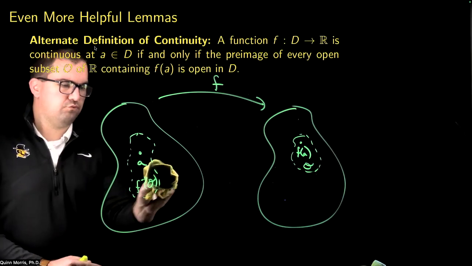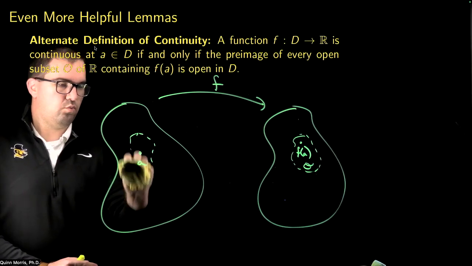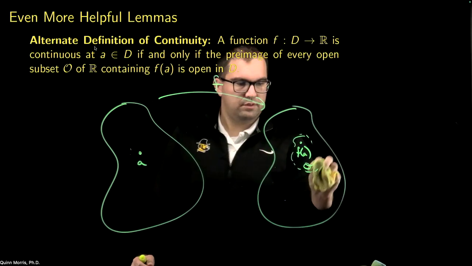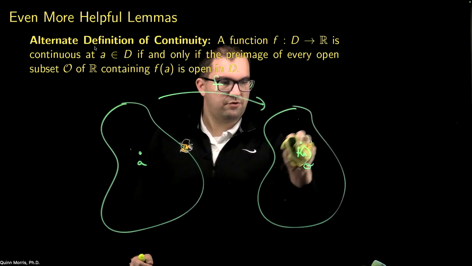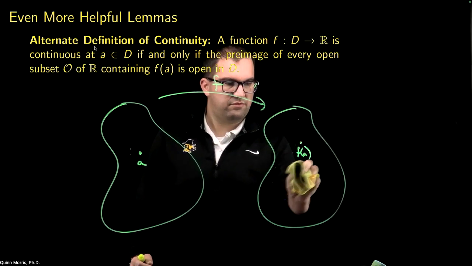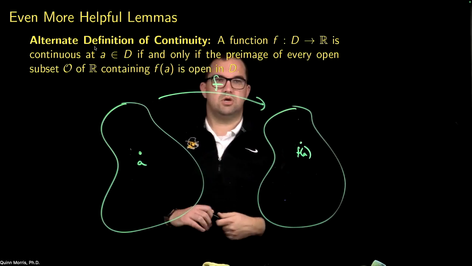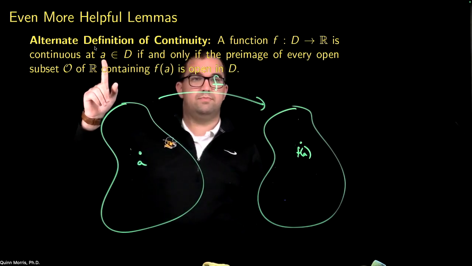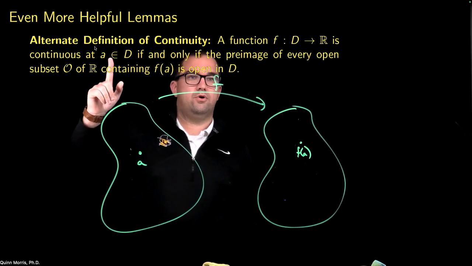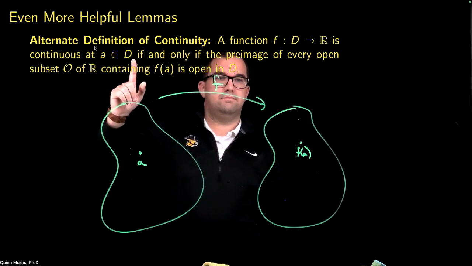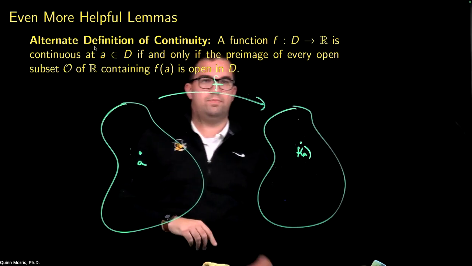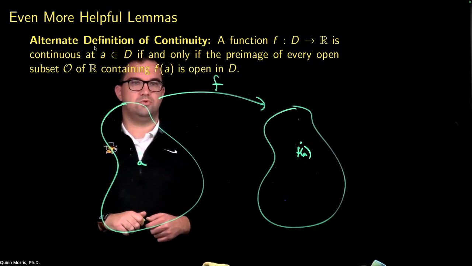Now, roughly, why does this work? Okay. Well, the idea, and again, I'm not going to write out a full proof here, but I want to give you some flavor of why this works. So this is if and only if, so let's assume first that our normal epsilon-delta definition holds, and let's show that this open set version would hold.